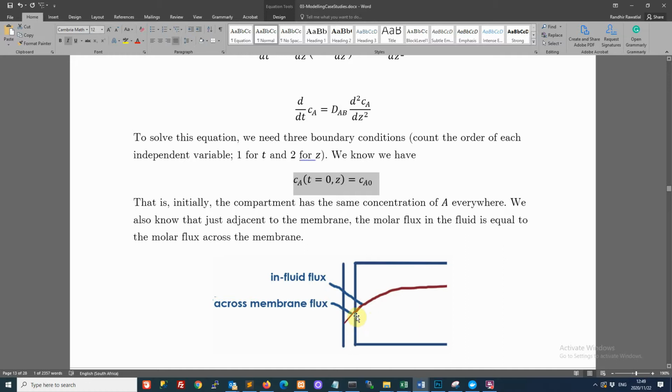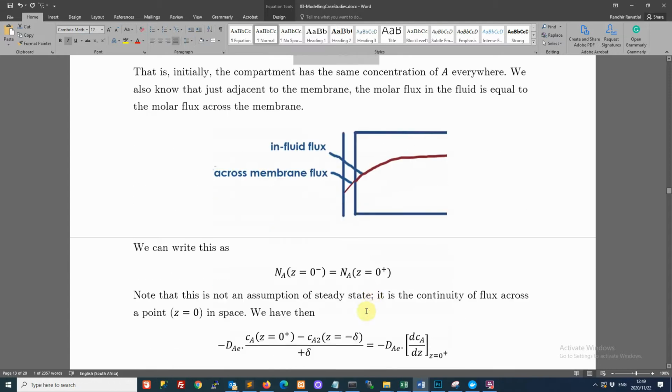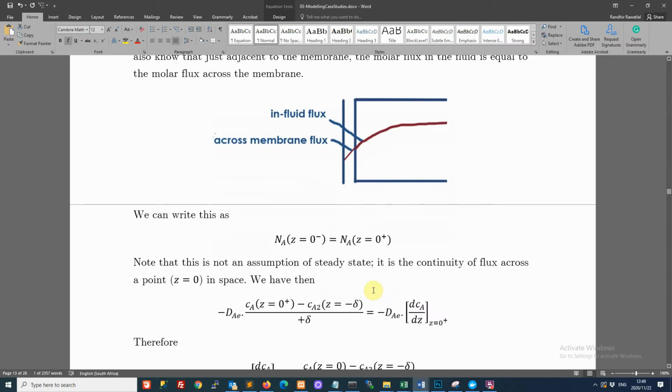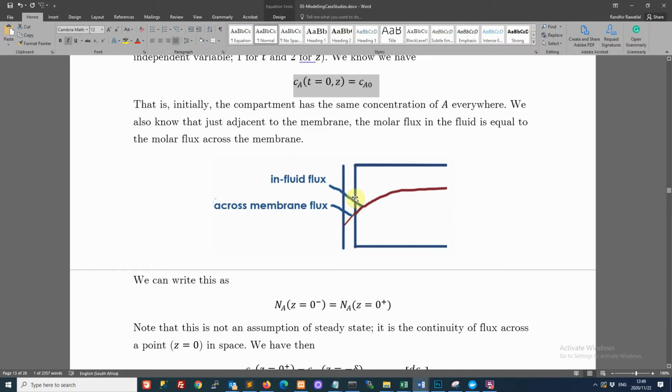Now, just to the right of this membrane, we have a certain gradient, dc/dz, looking into the compartment, and let's call this position z, the right edge of the membrane. So we know the membrane is very thin, but still we can talk about a left edge and a right edge. So let's call the right edge z equals 0.